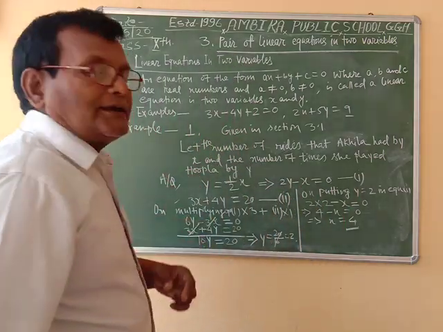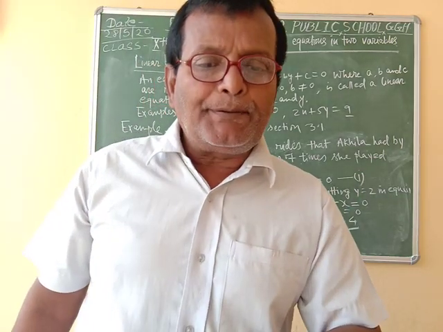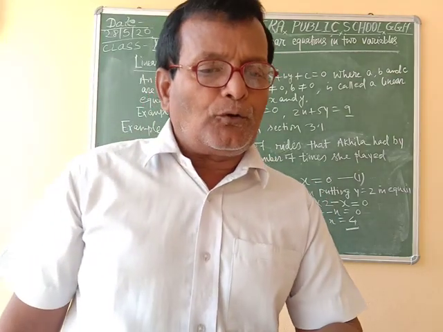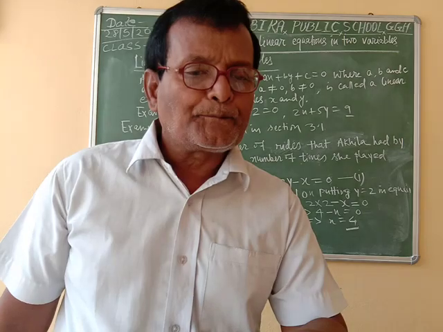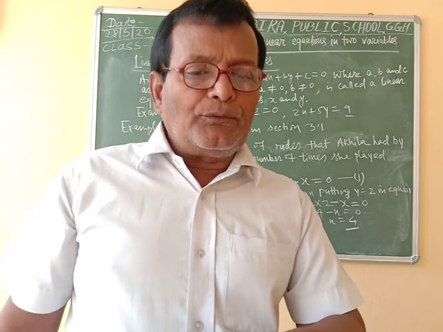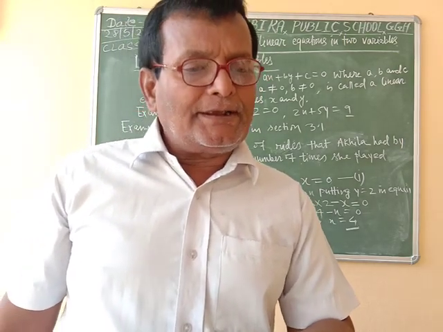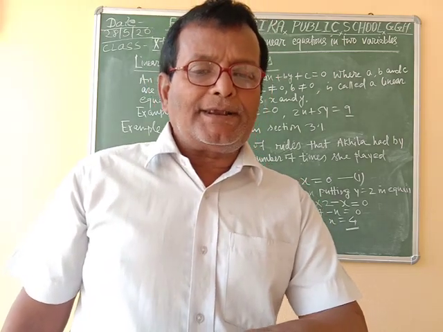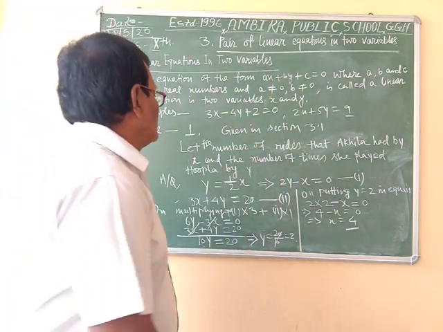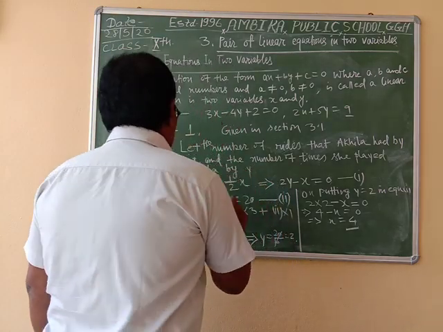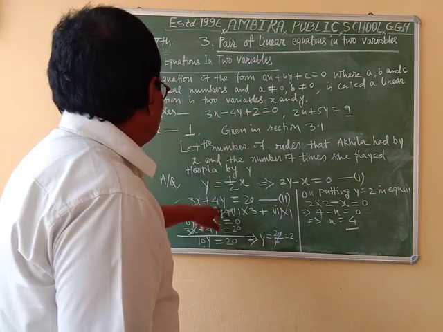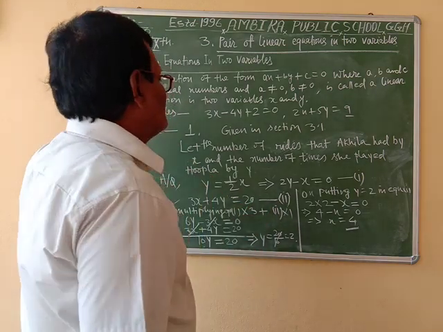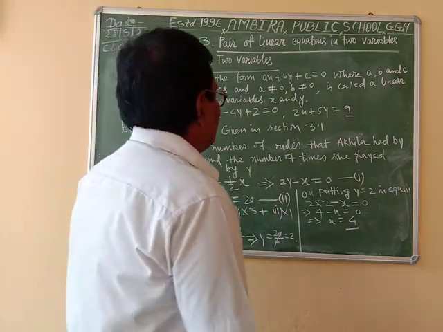And another condition is, if each ride costs rupees 3 and the game of Hopla costs rupees 4, how would you find out the number of rides she had and how many times she played Hopla, provided she spent rupees 20? Total cost is equal to 20 given. So 3x plus 4y is equal to 20 according to the question.